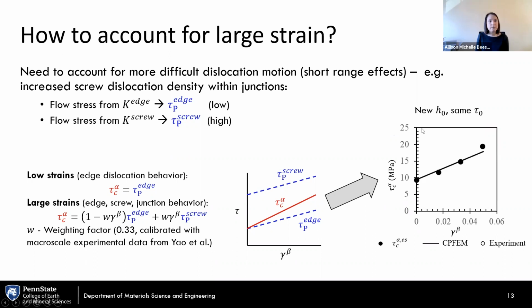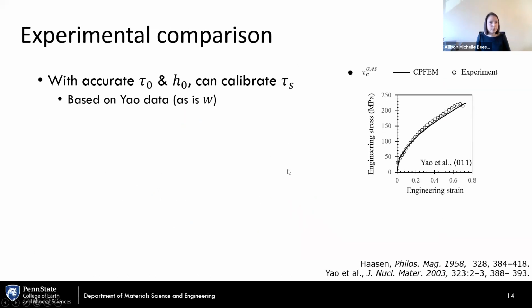Data. And then we go back, and now these black symbols correspond to, if we use this equation, our data points from the DFT-based calculations. We can fit now our new H naught, so the new slope that basically interpolates between our edge dislocations and screw dislocations, and we have the same tau naught. So we got this value of 0.33 for W by fitting this Yao et al. data.